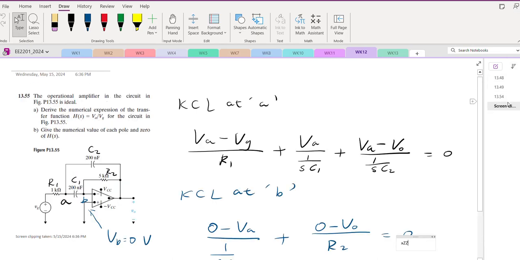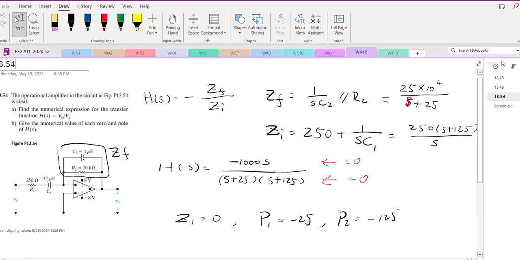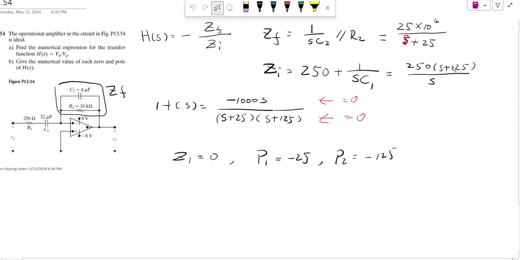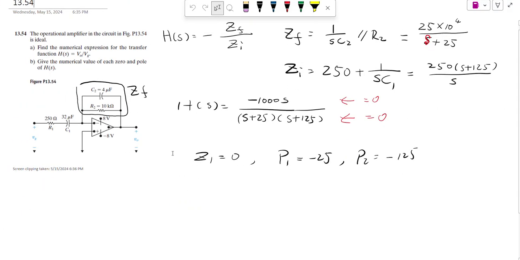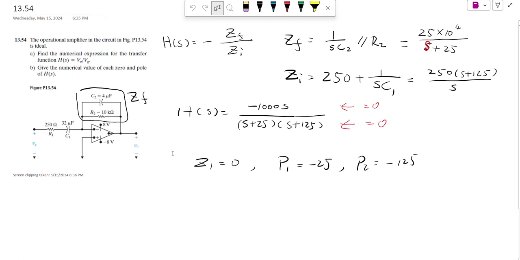Very simple. Sorry, the third one is an active filter. There is an op amp here. The strategy is still that the transfer function is output divided by input. But for this op amp active filter, we have this equation: minus ZF over ZI.